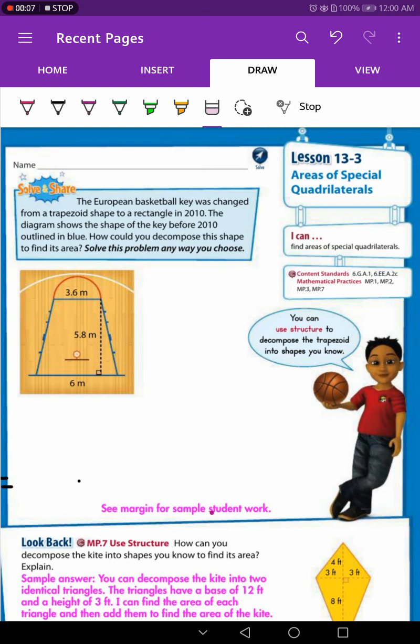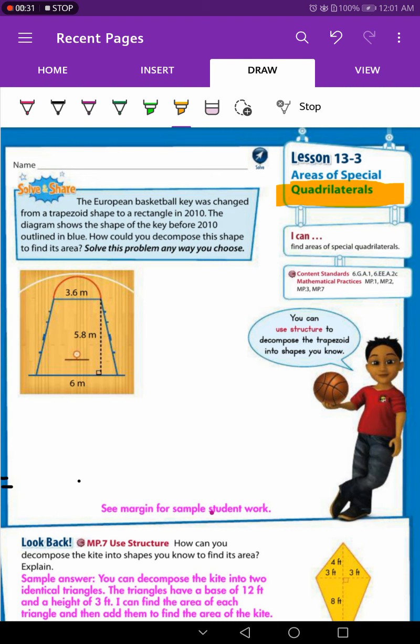Our lesson today is areas of special quadrilaterals, and our objective is to find areas of special quadrilaterals. First of all, we have to understand the meaning of quadrilaterals, and you know that before. Any shape of four sides, we call it a quadrilateral.